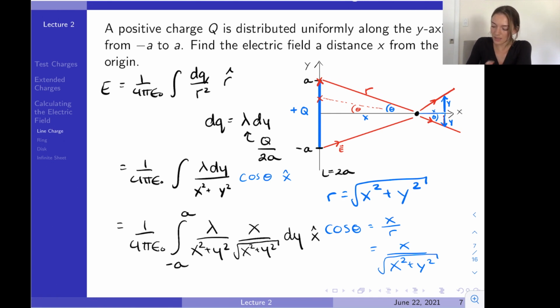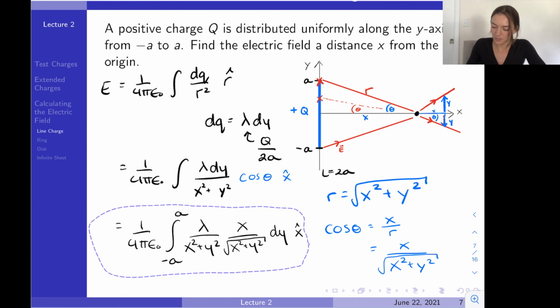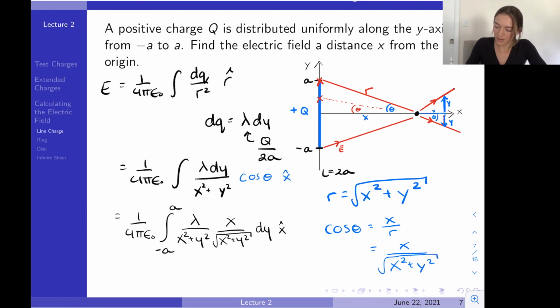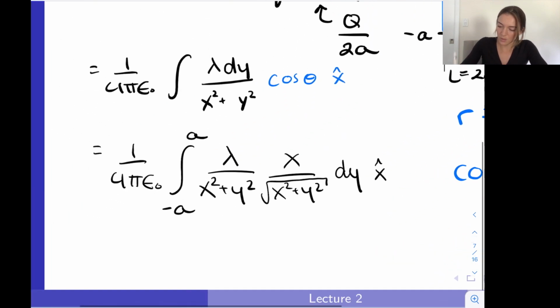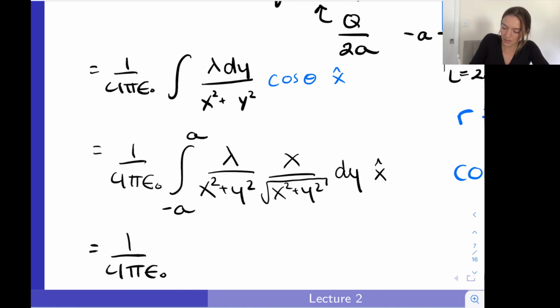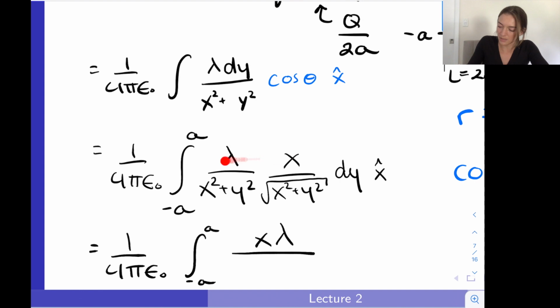All right, so let's clean this up a little bit. Let me rewrite this equation so that it's a little bit clearer. I'm going to write x lambda. I just switched my x and lambda because it looks nicer. So now here I have x squared plus y squared, and then I have the square root of x squared plus y squared.